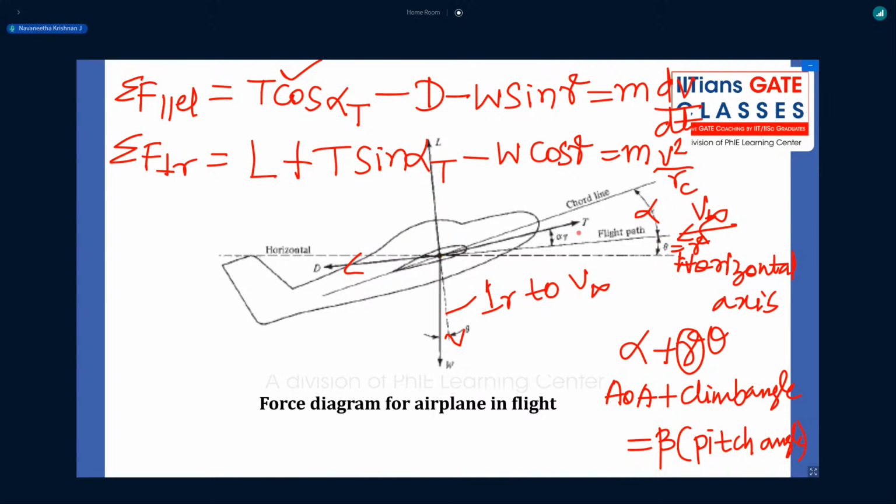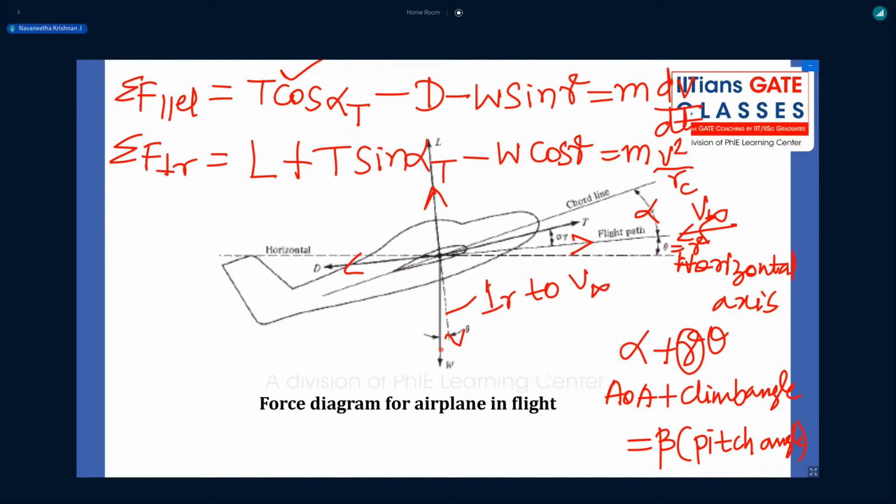Then, if I resolve forces perpendicular to the flight path, only your lift is acting, so lift. Then if I resolve thrust, one component resolves in this direction, which is thrust cos alpha t, the other resolves in this direction, which is thrust sin alpha t, because it is away from the angle. Since it is in the same direction as lift, there is a plus sign, plus thrust sin alpha t.